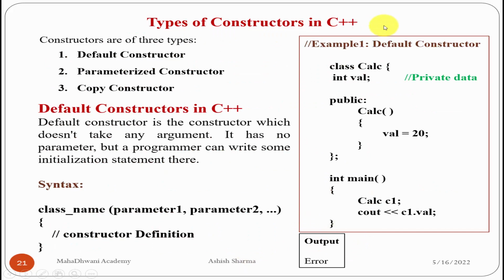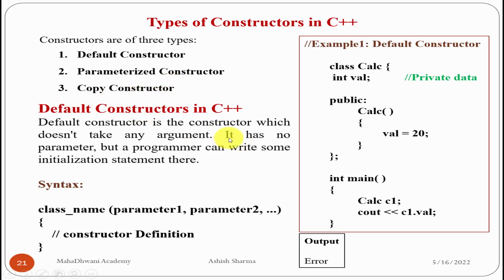Now types of constructor. We have three types of constructor. Number 1, default constructor. Number 2, parameterized constructor. Number 3, copy constructor. Default constructor is a constructor which does not have any argument, which does not take any parameters. These are called default constructors.